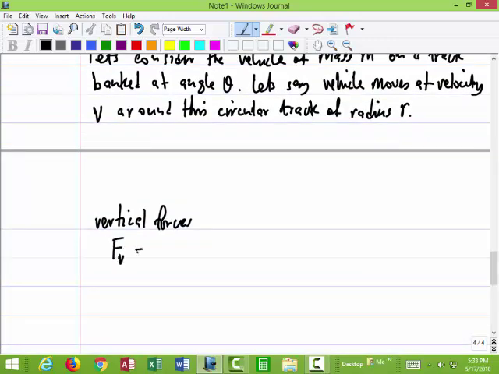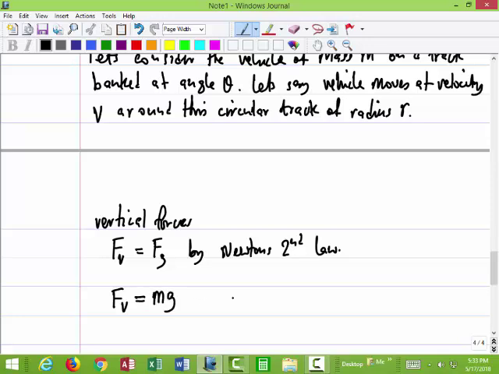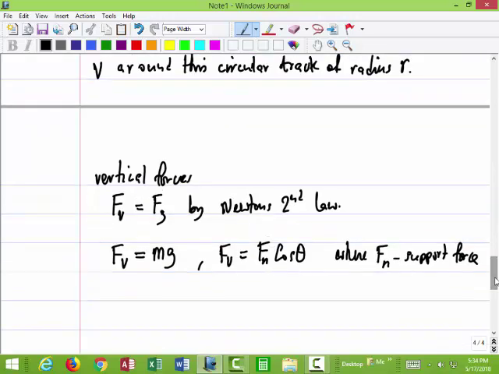So Fv is equal to Fg by Newton's second law, okay? And F subscript v, which is the vertical component of the support force, is equal to the weight mg. F subscript v can be written as Fn cosine theta, where F subscript n is the support force, and I've already labeled F subscript g to be the weight.